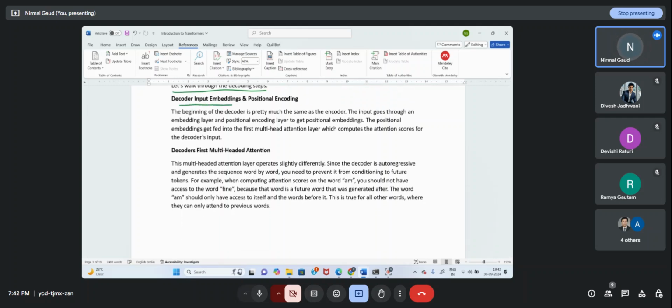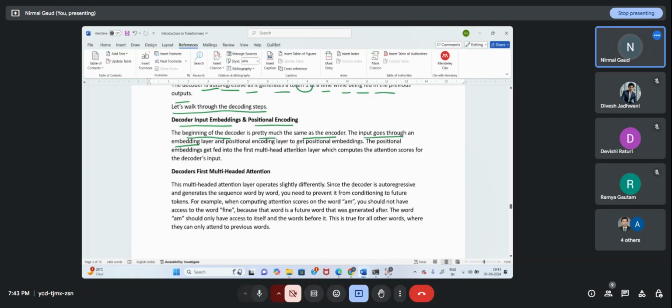Let's check out the steps. First, decoder input embeddings and positional encoding. Again, without embedding and encoding, nothing can happen. The beginning of the decoder is pretty much the same as an encoder: the input goes through an embedding layer. So what inputs did you give to the decoder?